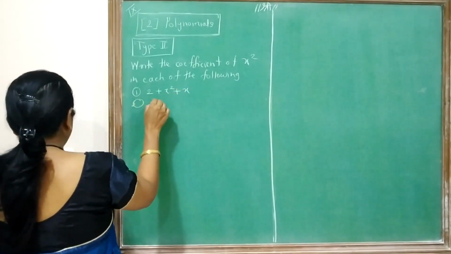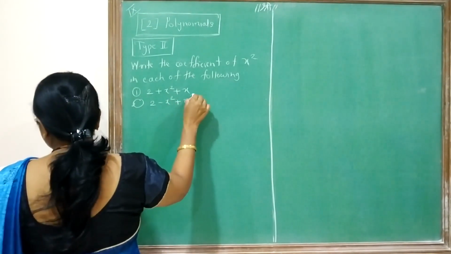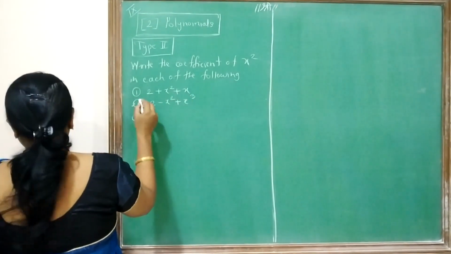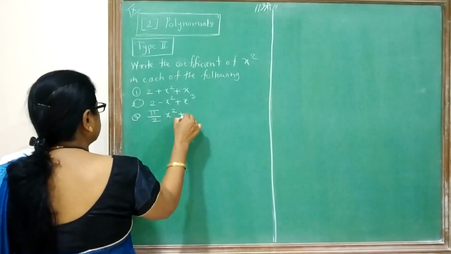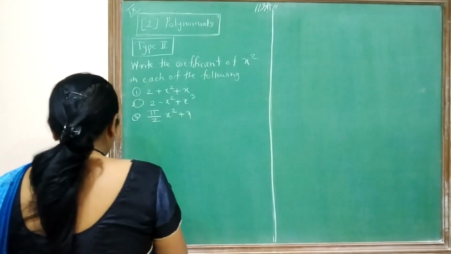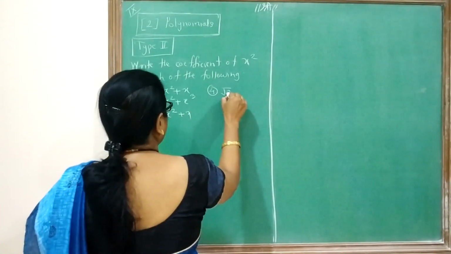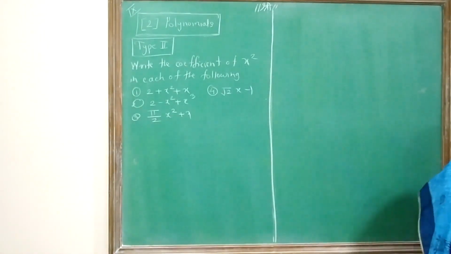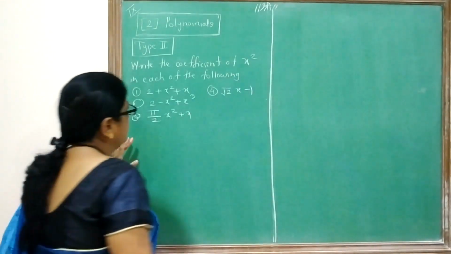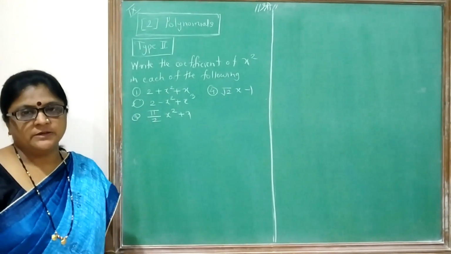Second, 2 minus x square plus x cube. Third, pi by 2 x square plus x. And fourth, root 2 x minus 1. This is your type second: write the coefficient of x square.